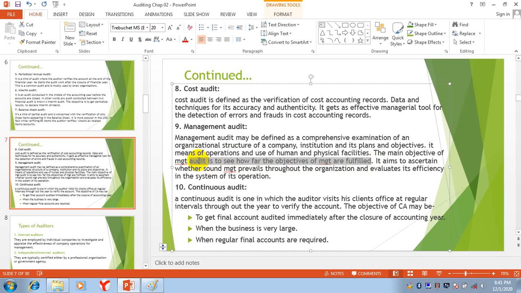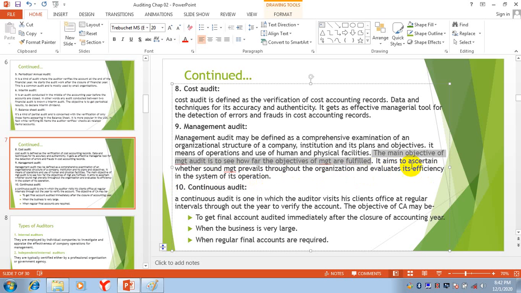The management sets some objectives, and in management audit, we are checking whether these objectives are achieved or not. It aims to ascertain whether sound management prevails throughout the organization, and evaluates its efficiency in the system of its operations.